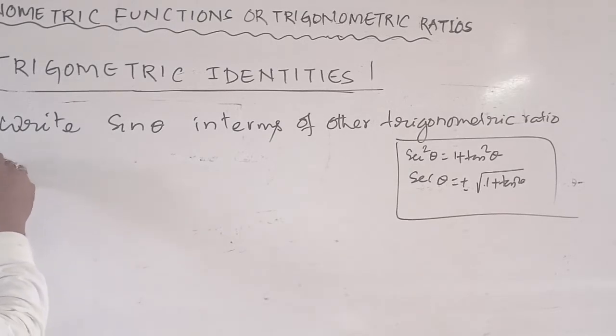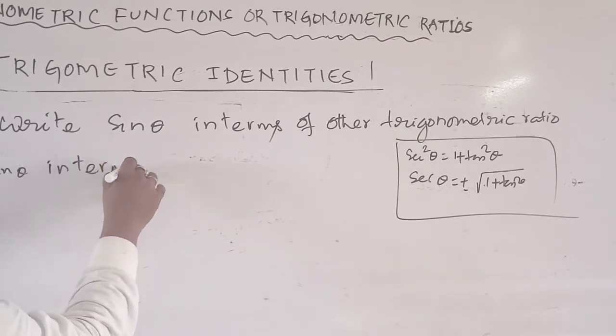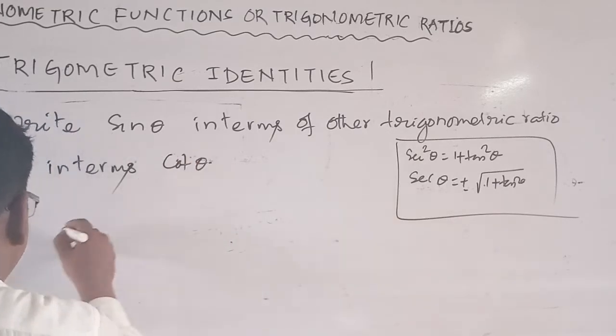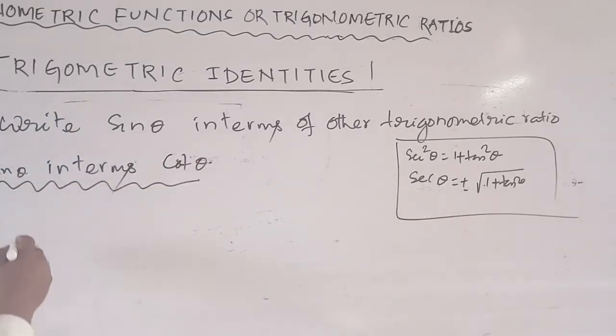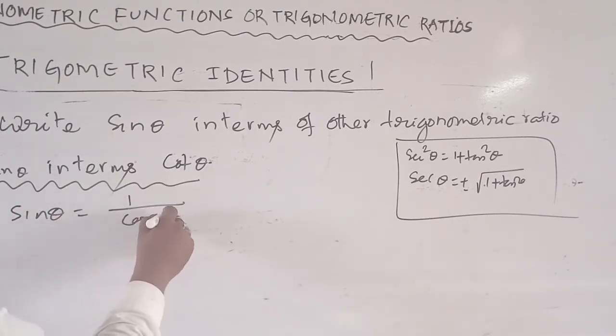Sin theta, third bit, sin theta in terms of cot theta. Now sin theta is equal to 1 by cosec theta.